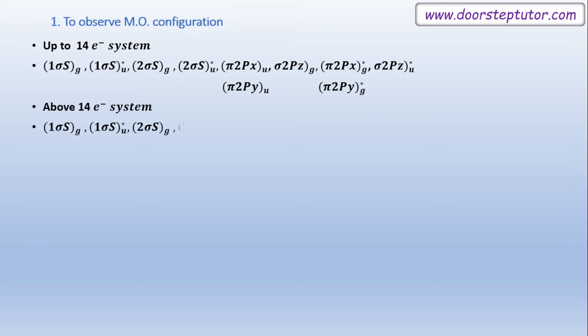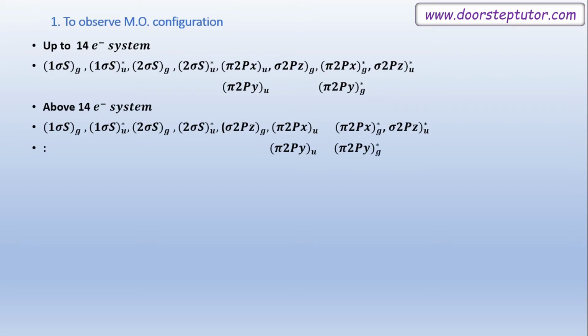Okay, so please remember, students, generally up to 8 electrons there is no change in the energy order between up to 14 electron system and above 14 electron system. Here you can see the electrons enter into the sigma 1s, sigma star 1s, sigma 2s and sigma star 2s.